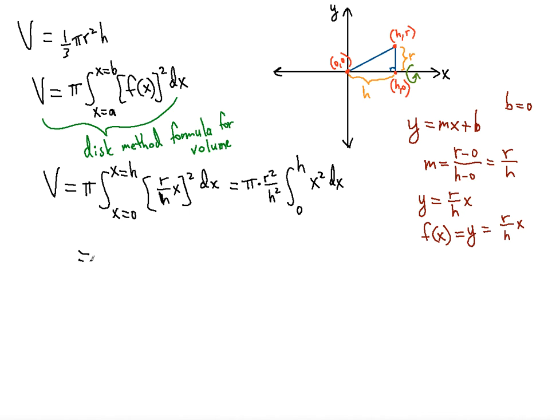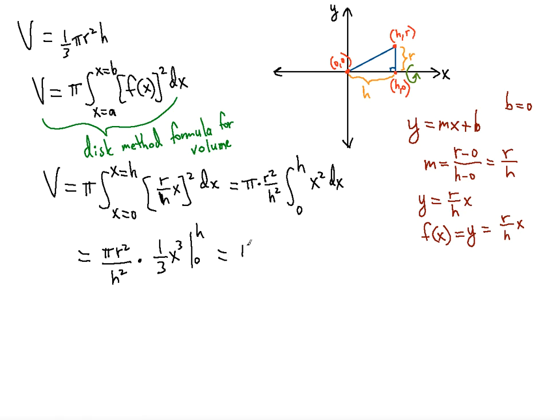Okay, so now what happens then? We have pi r squared over h squared multiplied by 1/3 x to the third from 0 to h, right? Because the antiderivative of x squared is 1/3 x to the third.